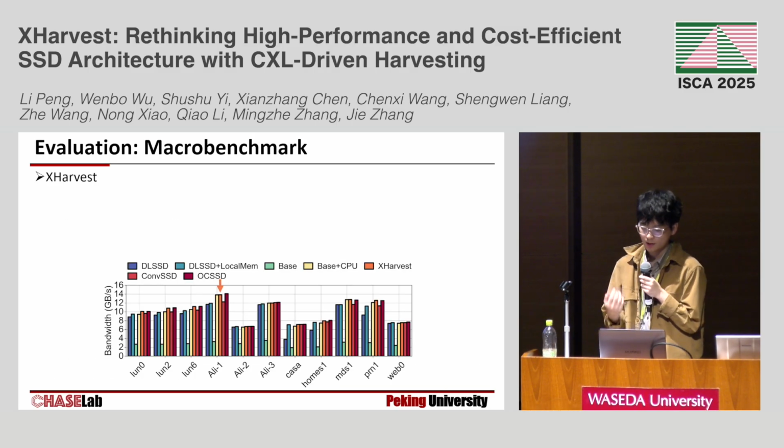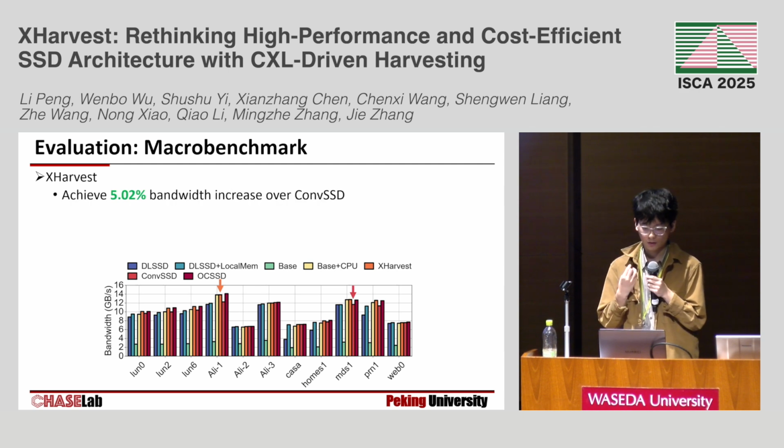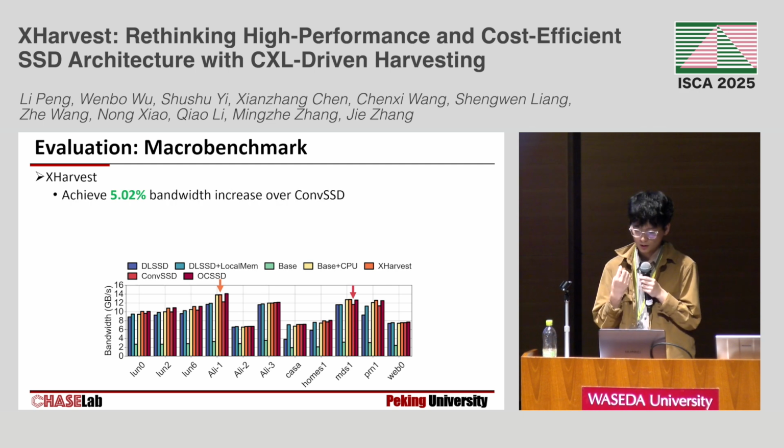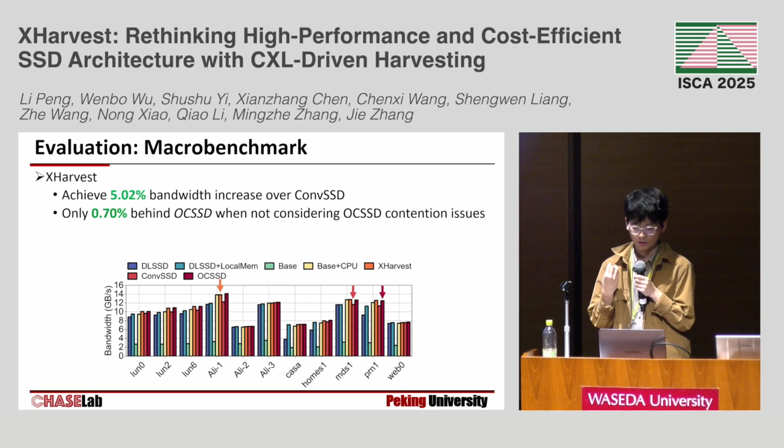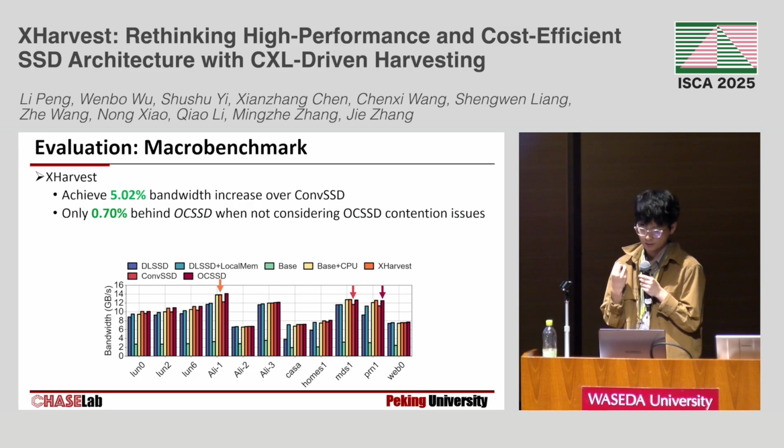In the macro benchmark test, XHarvest achieves a 5% bandwidth increase over the conventional SSD by utilizing the powerful host CPU. Note that we don't consider the contention issue of OCSD in the macro benchmark, making it an ideal case. Although XHarvest introduces SGX, it remains only 0.7% behind OCSD.